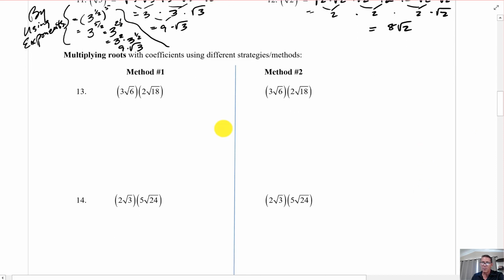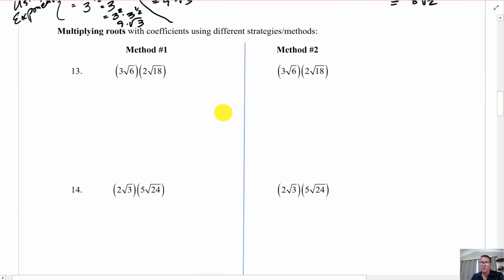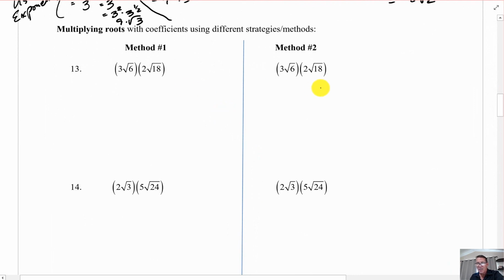Okay, so next one here, multiplying roots with coefficients. Here we go. Now notice the expressions are the same, but I've got different methods. So first method, we're going to simplify the roots first before multiplying.